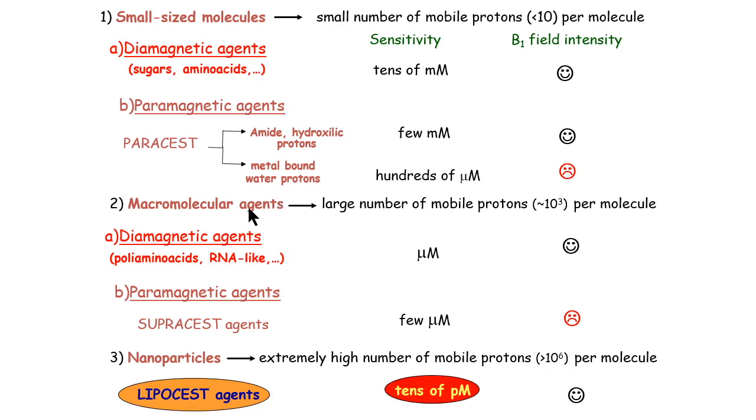Then, increasing further the number of protons and going to macromolecular systems, we can further improve the sensitivity for the diamagnetic agent to the order of the micromolar, and for paramagnetic systems, in the presence of the paramagnetic molecule forming supramolecular systems, just a few micromolar.